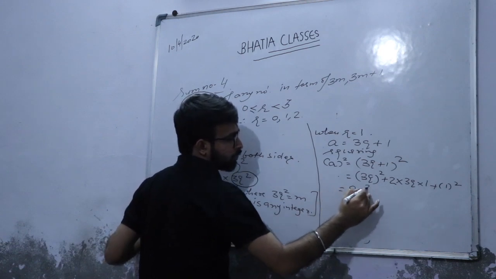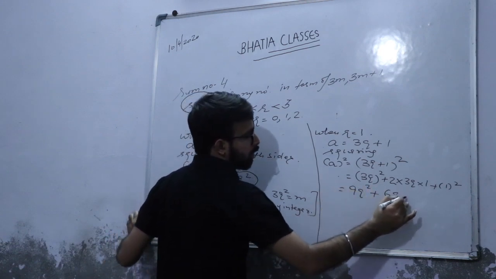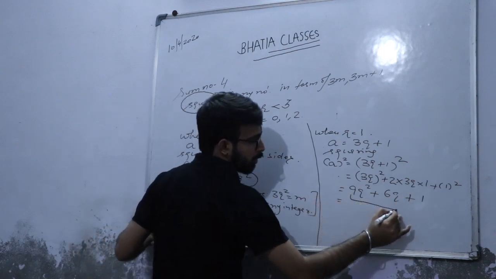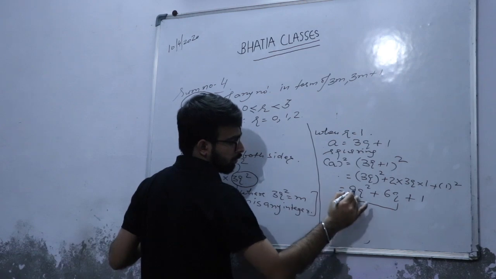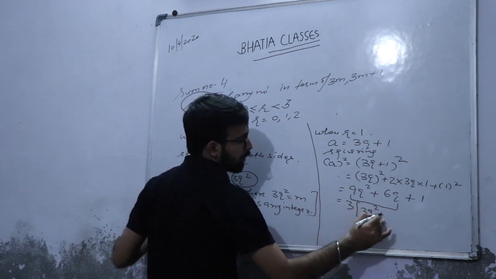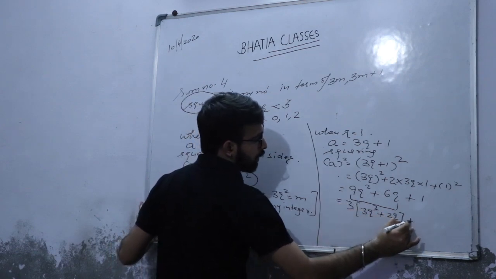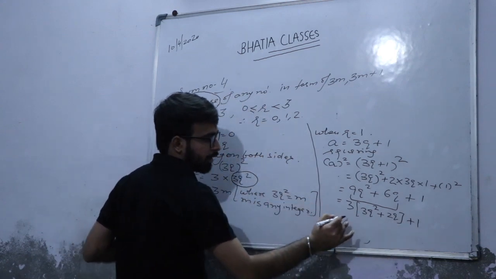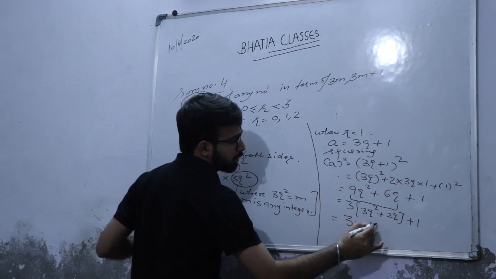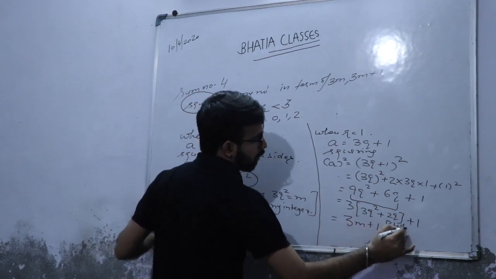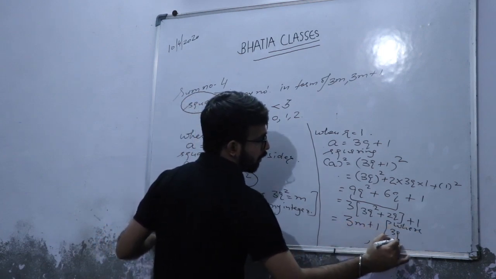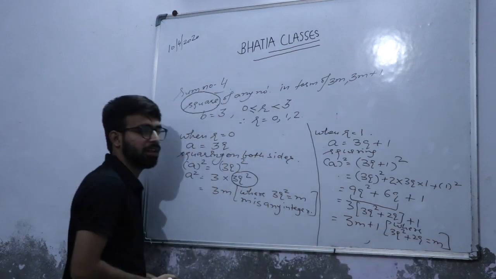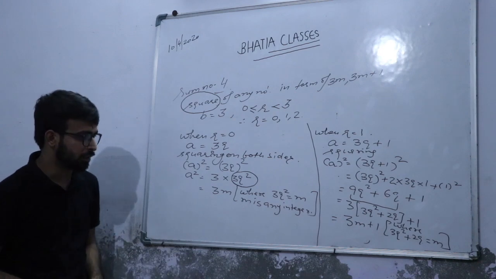That is 9q square plus 6q plus 1. Take a common 3. Here you got 3 times 3q square plus 2q, plus 1. Similarly, as you have done in the first step, write it as 3m plus 1, where 3q square plus 2q is equal to m, and m is similarly an integer.